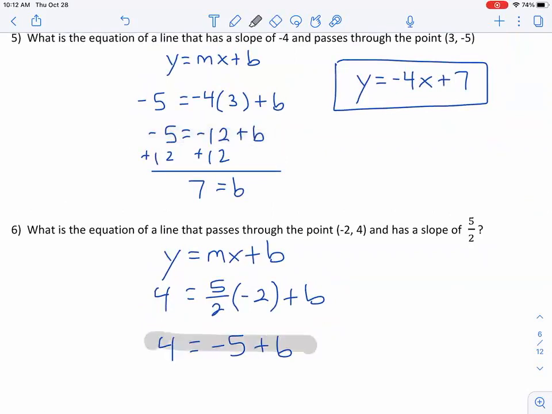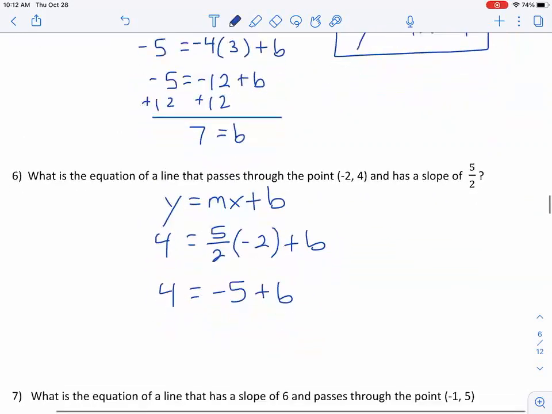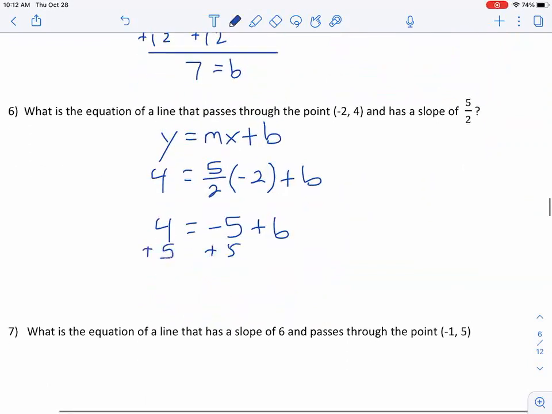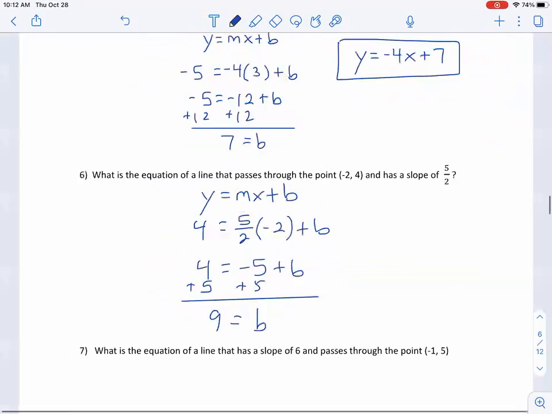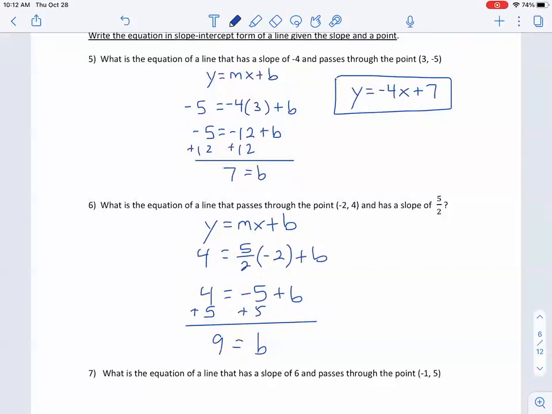I multiplied those things. So now I'm going to add the 5 to both sides. And b equals 9. All right, so now we know our slope is 5/2. We know our b value is 9. So we want to write our equation y equals 5/2 x, because our slope is 5/2, plus 9.